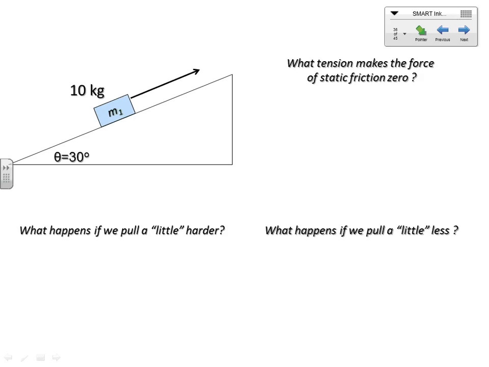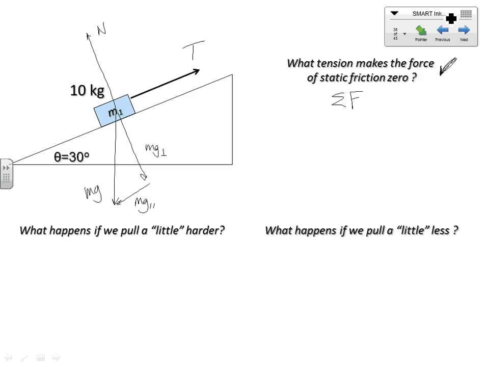So I'm going to redraw it. Here's mg, there's the normal, here's mg perpendicular, here's mg parallel. The question is, if we want there to be no friction at all, there's a certain tension force T we can pull with such that the friction force is 0.